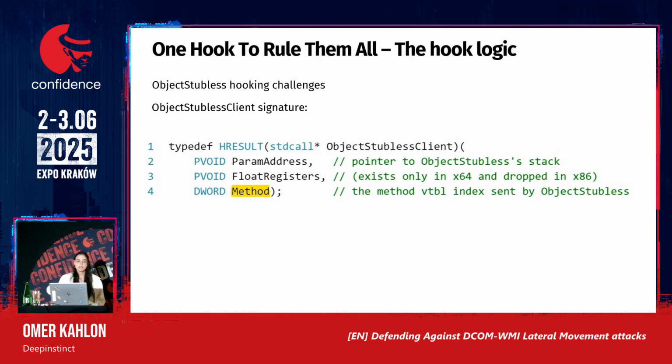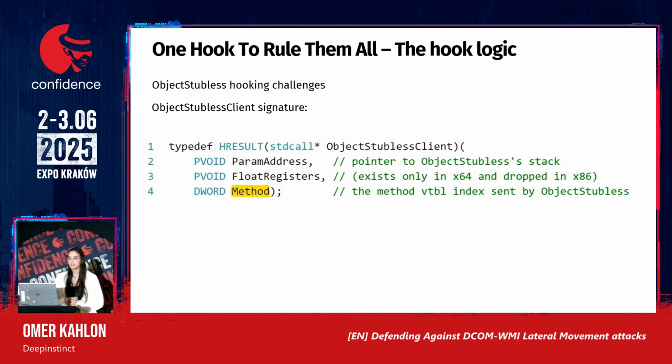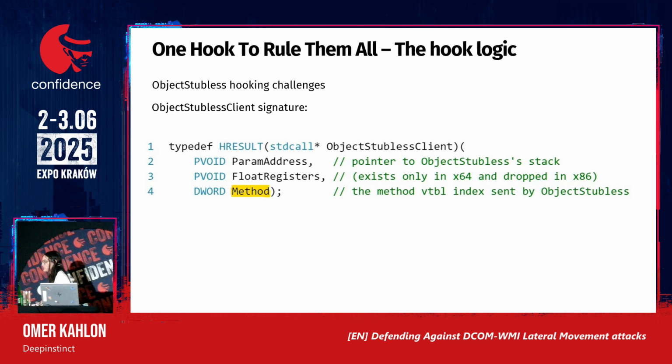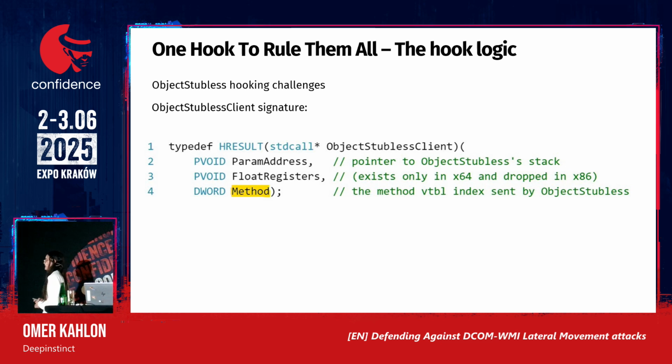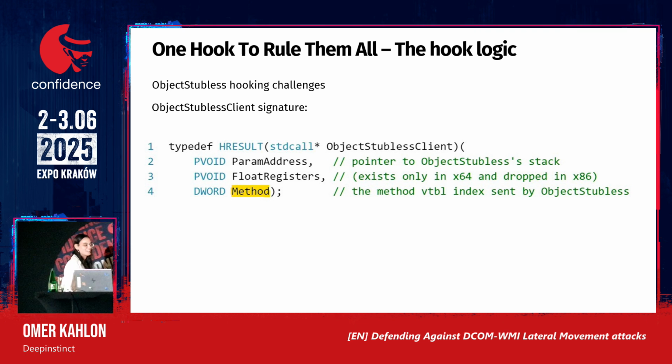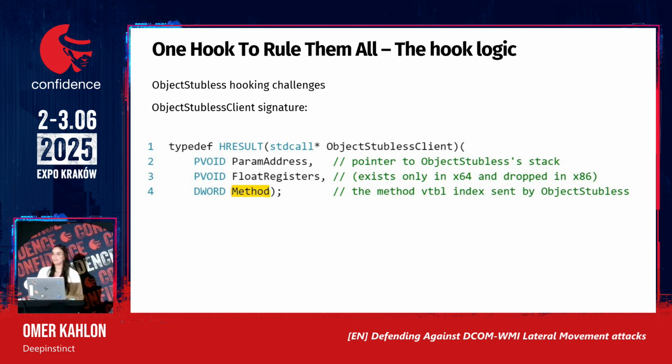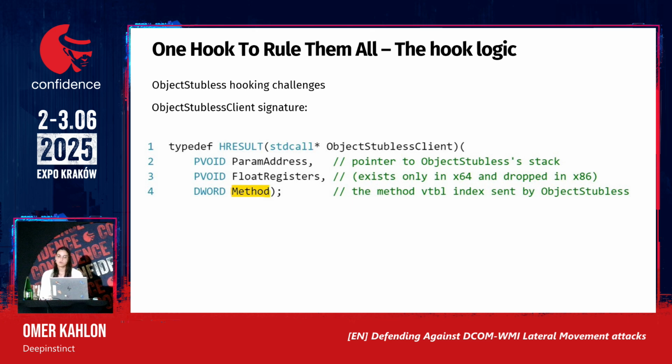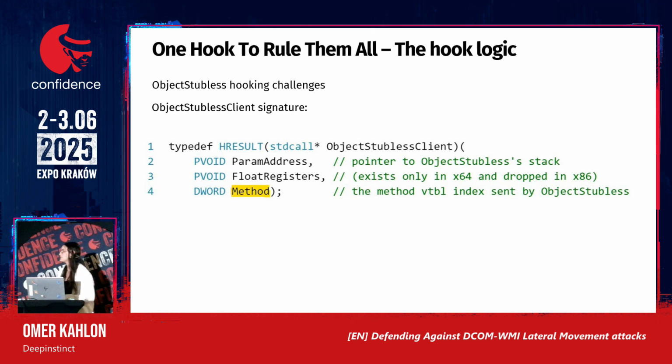By looking at the ObjectStubless signature, we can learn that it does not have a fixed signature and its parameters can vary depending on the situation. ObjectStubless can support many variables because it creates a pointer to its own stack and sends it as a parameter to ObjectStublessClient.